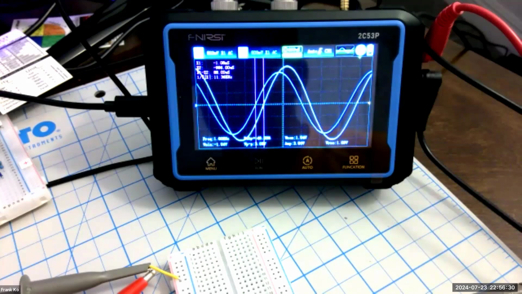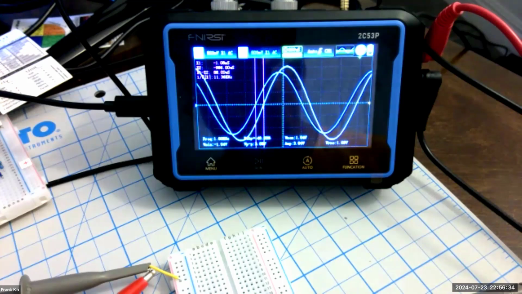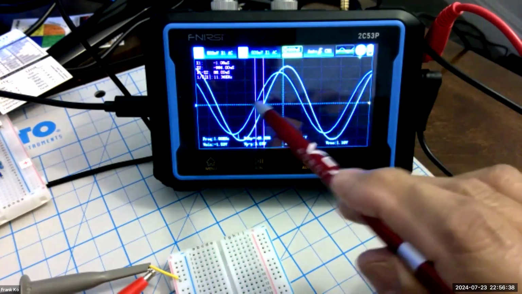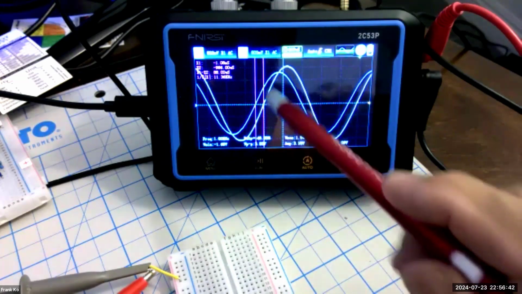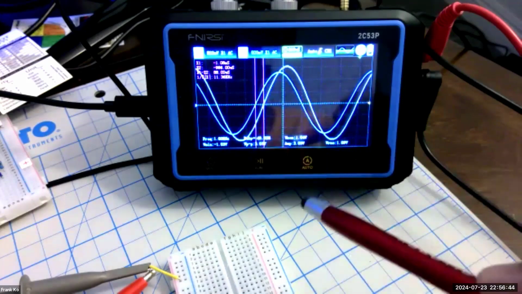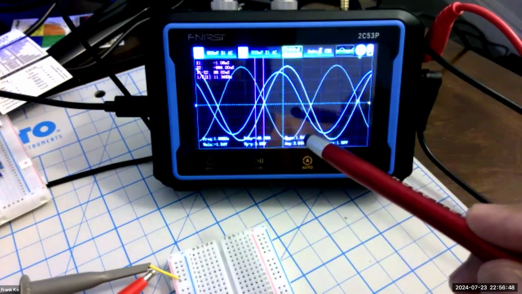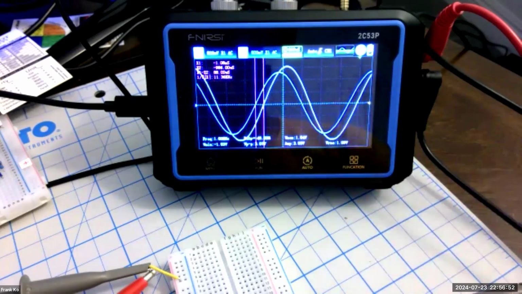And calculation-wise, I'll show you in a much later video how we interpret the amount of time that we have here into degrees out of phase. So this is roughly 88 microseconds out of phase, and that's going to be roughly in the 27, 28 degree range of being out of phase with each other.